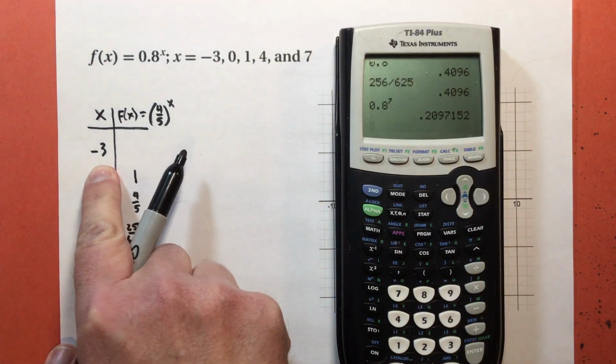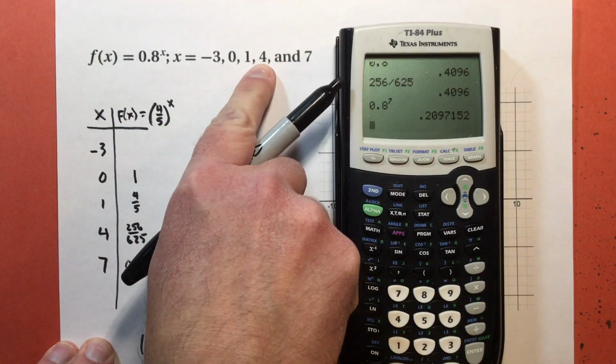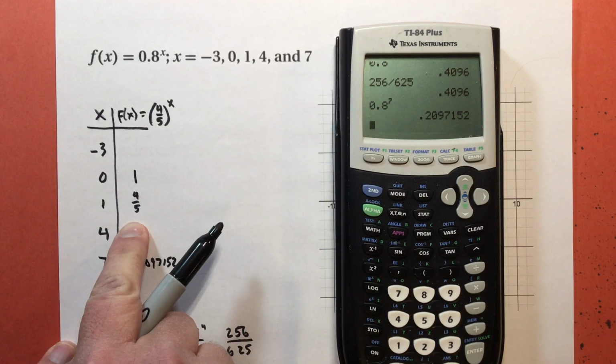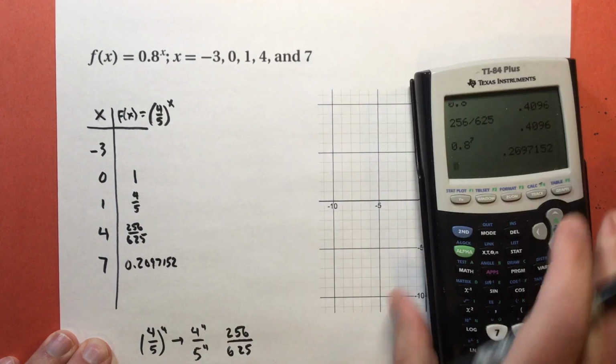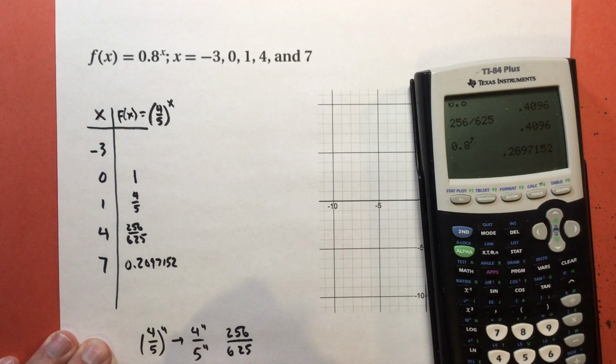Negative 3, they didn't tell me to do 3, but if I'd had 3, and actually I can do this, 4 over 5 to the 3rd power is 4 to the 3rd, which is 64, over 5 to the 3rd power, which is 125.